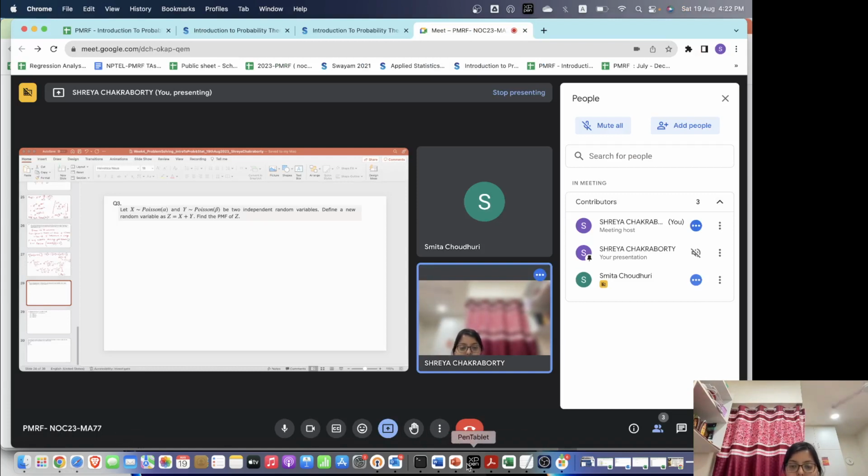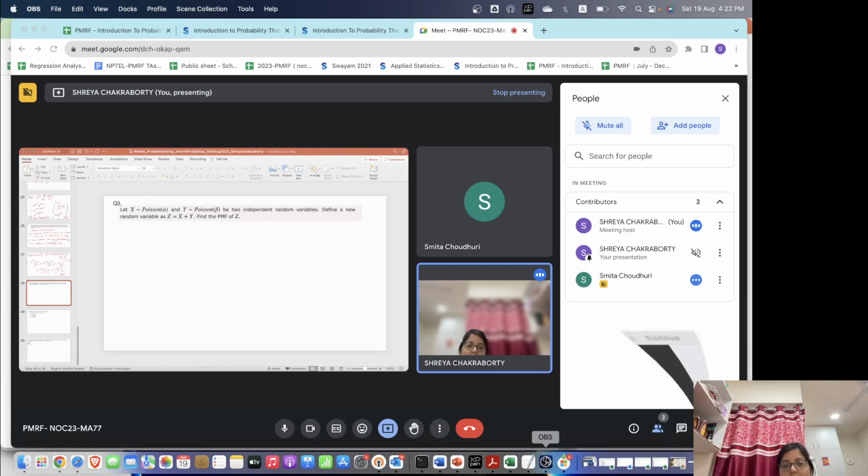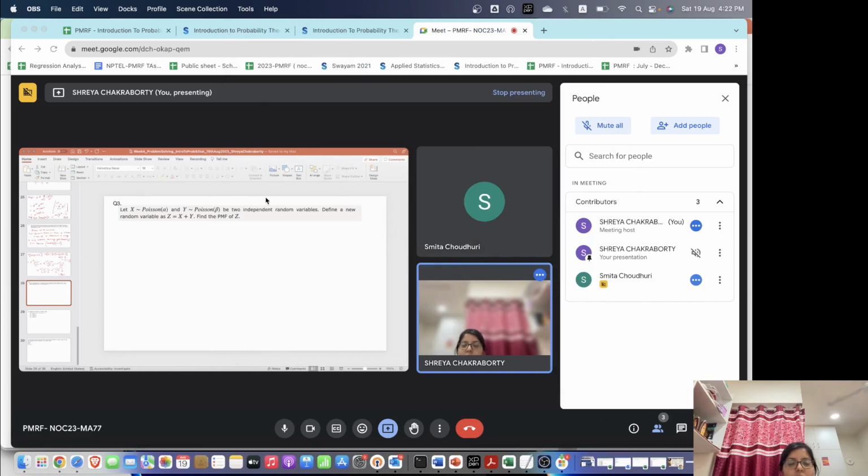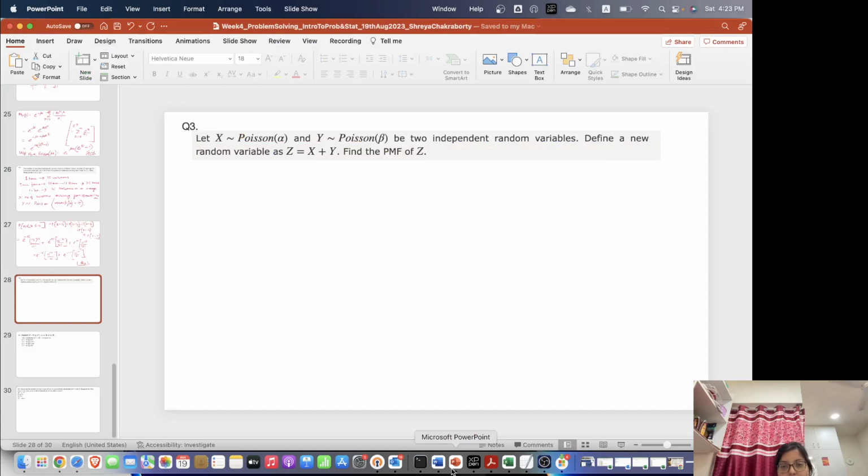Now we have to find out the distribution of z. X can take values from 0, 1, 2 and so on. Y can also take values from 0, 1, 2.